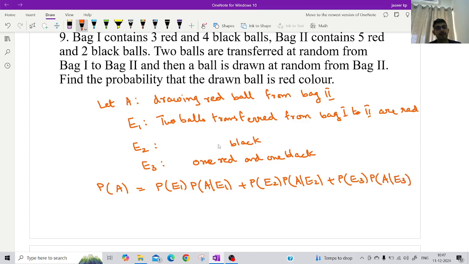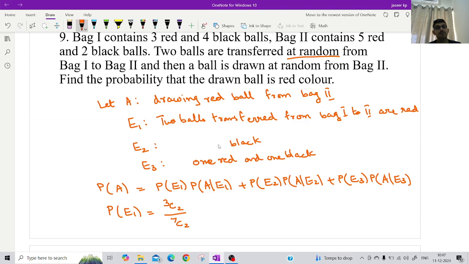Now we'll write the probability of each. P of E1 means transferring 2 red balls. At random means without replacement. It is just like selecting 2 red balls, so it can be done with combinations or one by one. If you write directly, it is 3C2 out of 7C2.